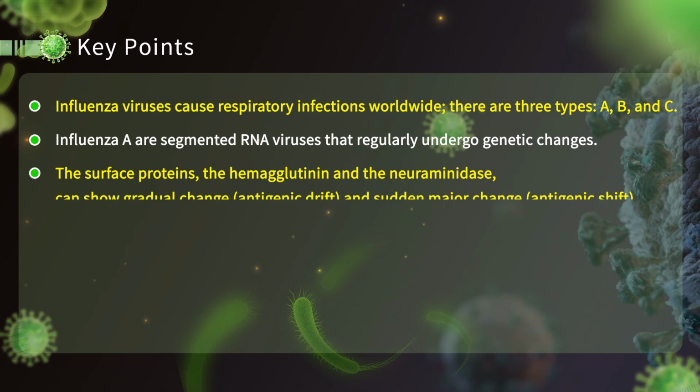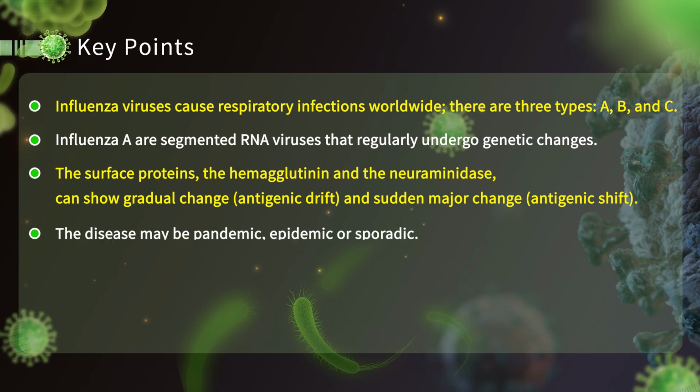The surface proteins, the hemagglutinin and the neuraminidase, can show granular change, antigenic drift, and sudden major change, antigenic shift. The disease may be pandemic, epidemic, or sporadic.